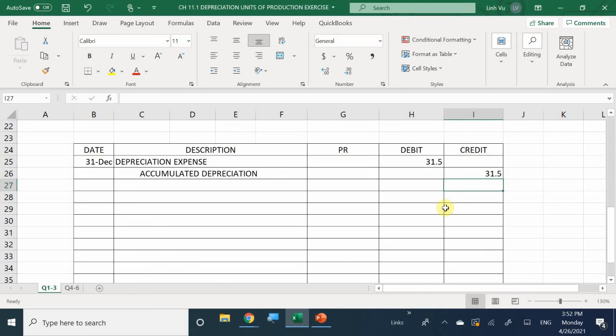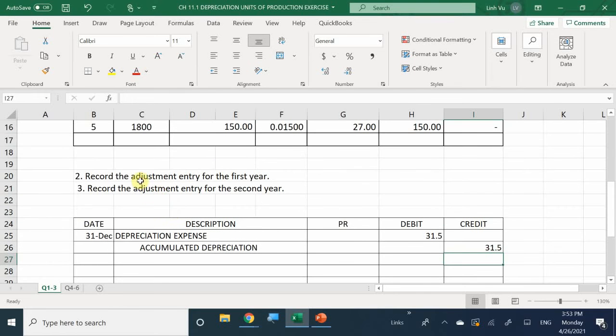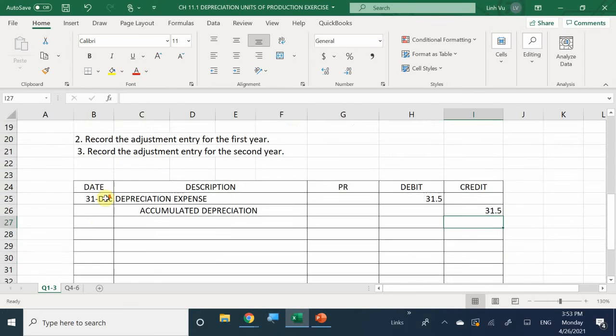Now question number 3 asks to record the adjustment entry for the second year of depreciation. So what is my journal going to look like at the end of the second year?